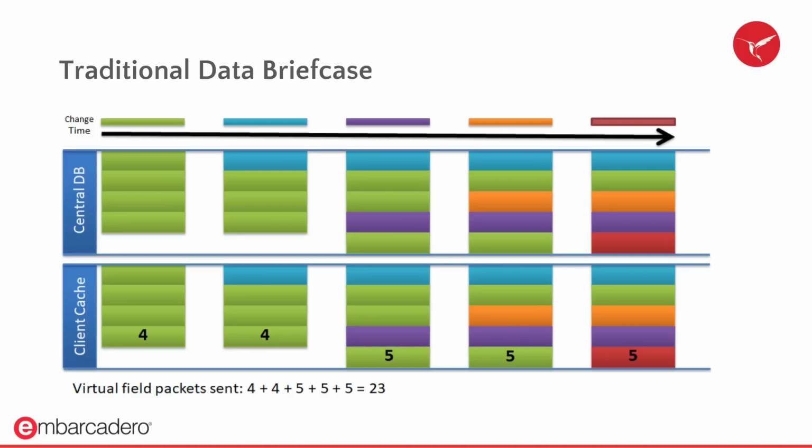So in this example, it's a one-way example, but if we intend on keeping our clients' caches up to date, then over time you end up pulling down a lot of data packets just to mirror your server. In this case, 23 packets.